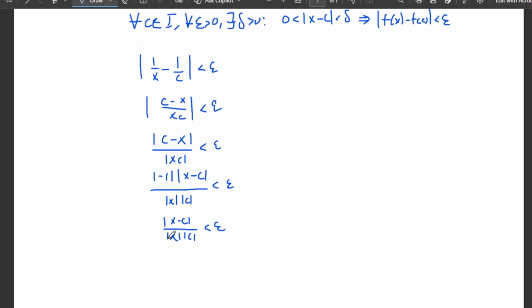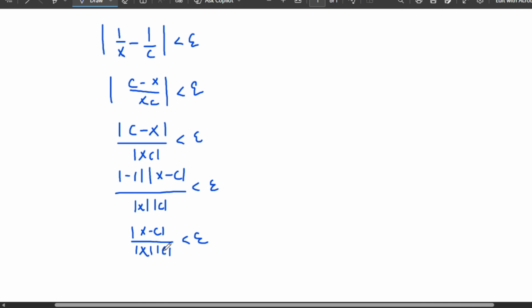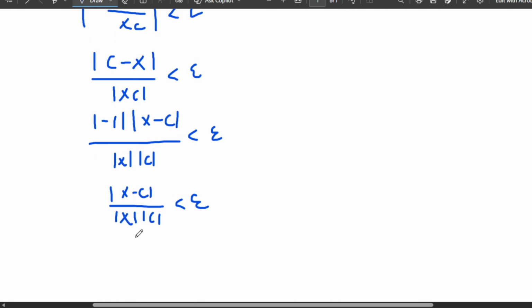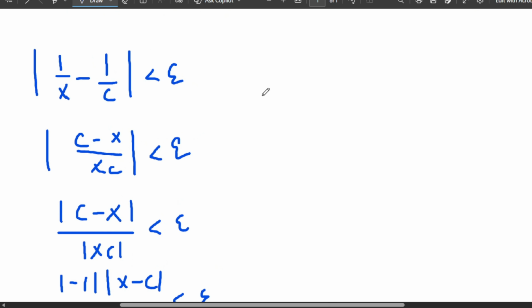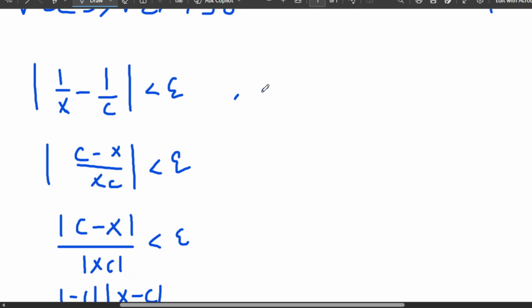Well, we need to find a delta bound so that this 1 over |x| doesn't blow up, because when x goes to 0 it becomes undefined.